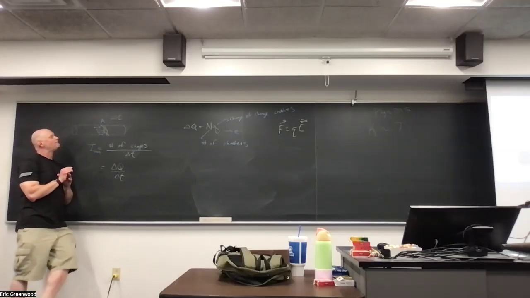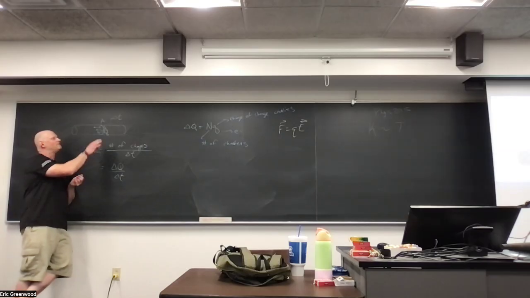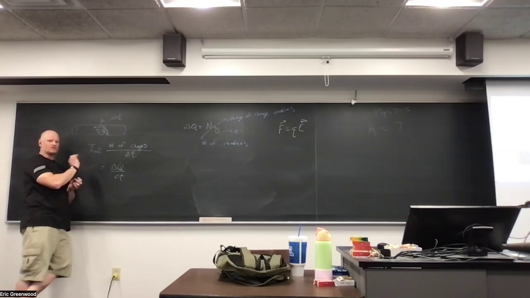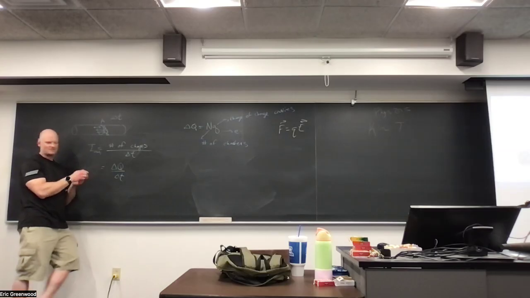Now, does that mean that it's the instantaneous amount of charge which passes through this? So is it always the same? Meaning if I'm looking at very small time intervals, for example, am I always going to have the same number of charges passing through this cross-section? Probably not, right?